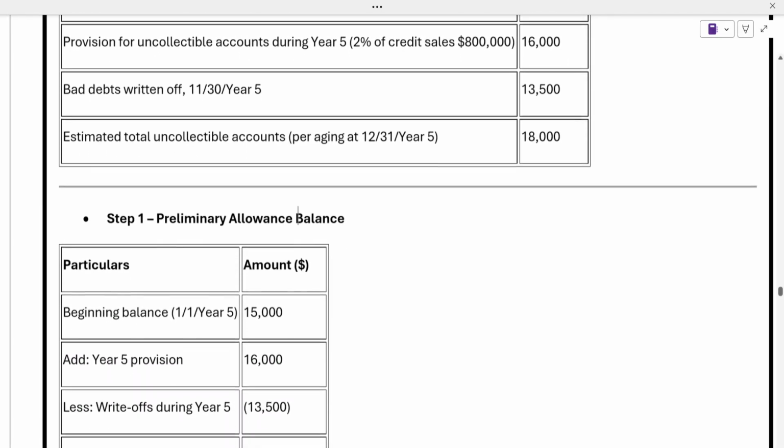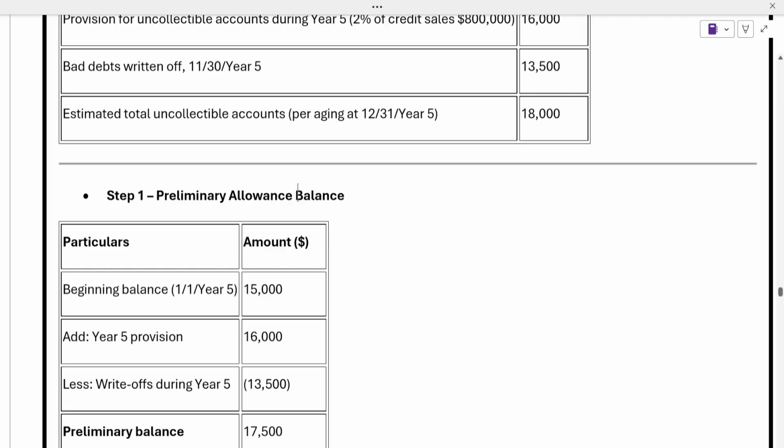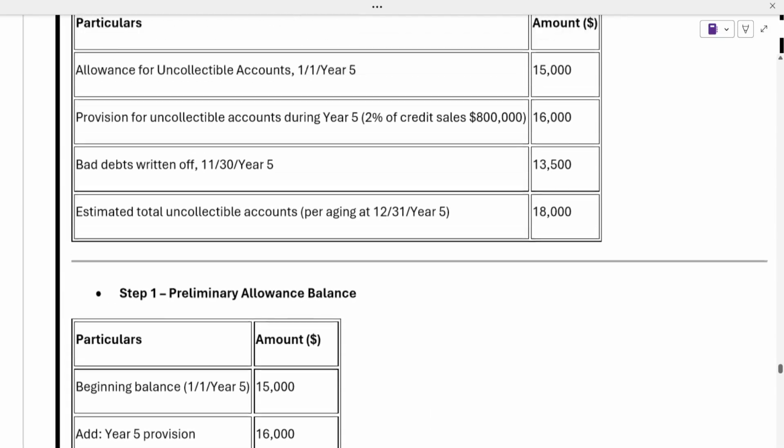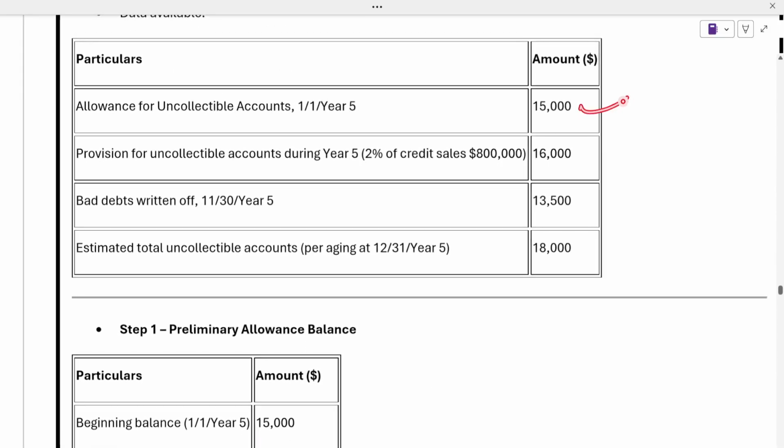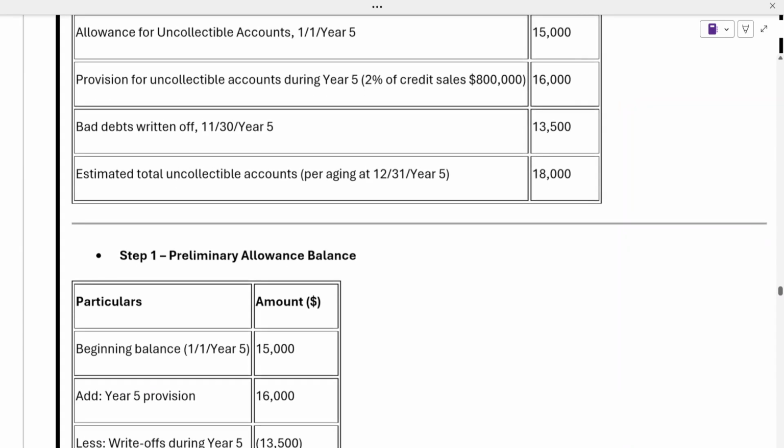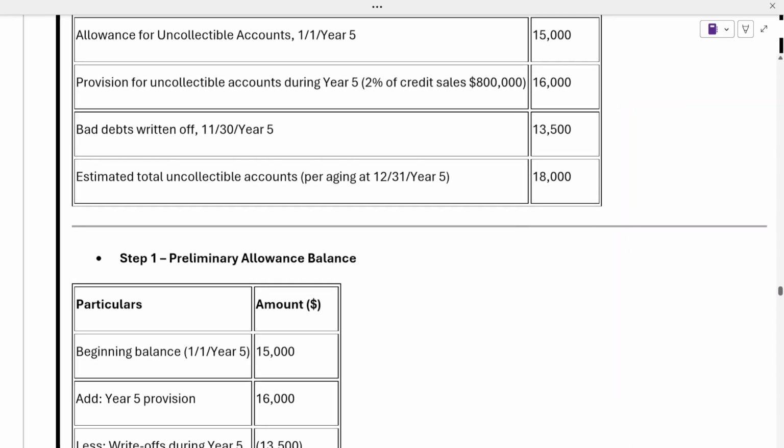Now we need to identify and do certain calculations. So first thing is we need to find what is our preliminary allowance balance. So we know our beginning balance was 15,000 here, as we can see within this question above. Then in year 5 we have created another provision for 16,000.